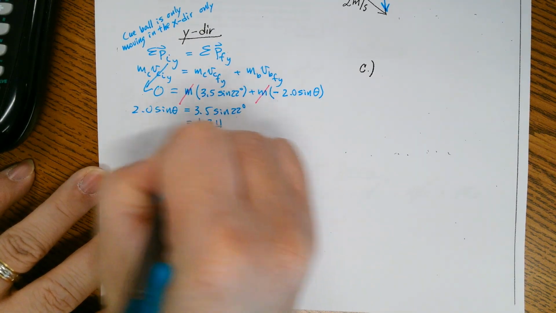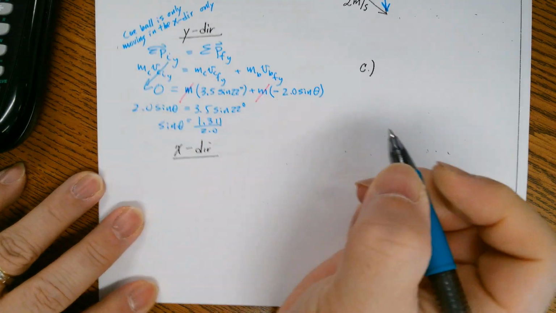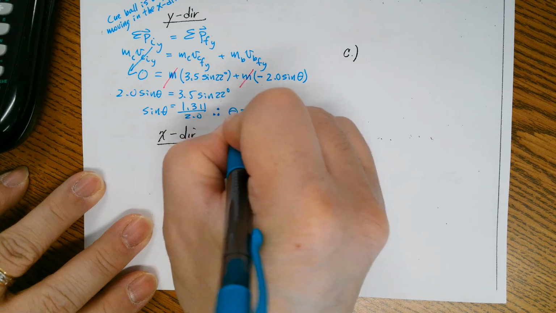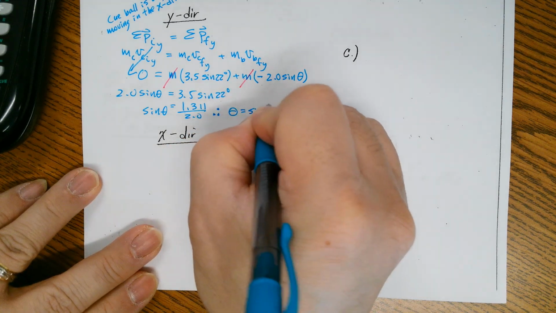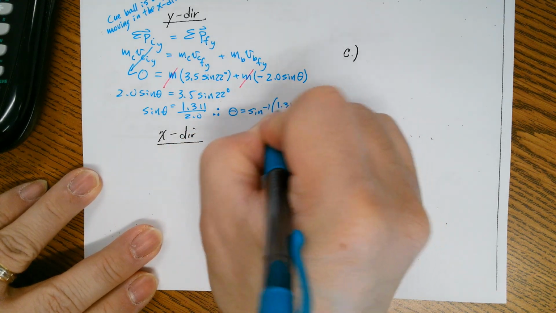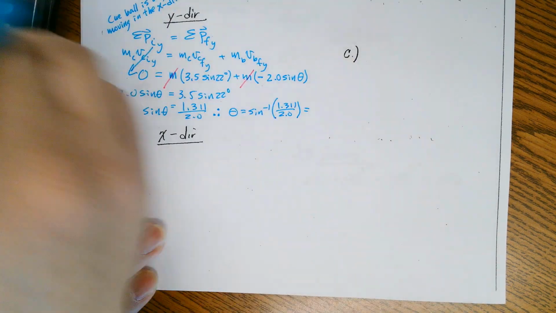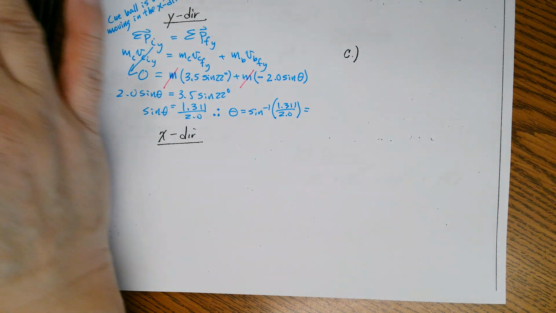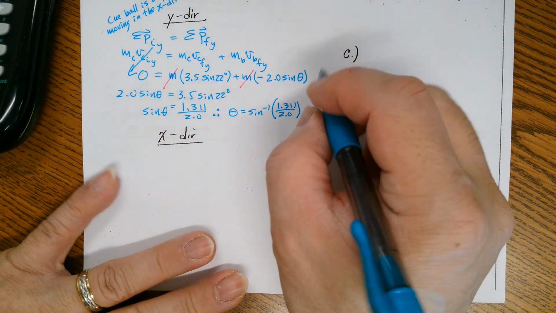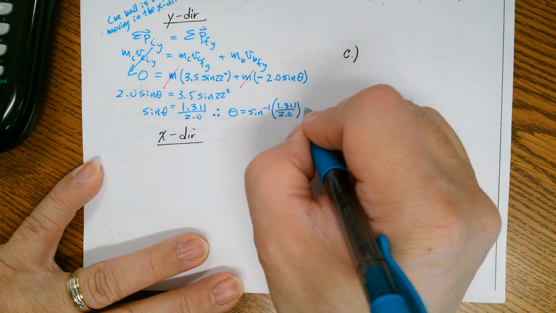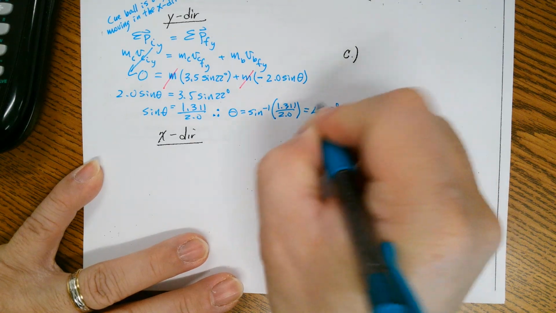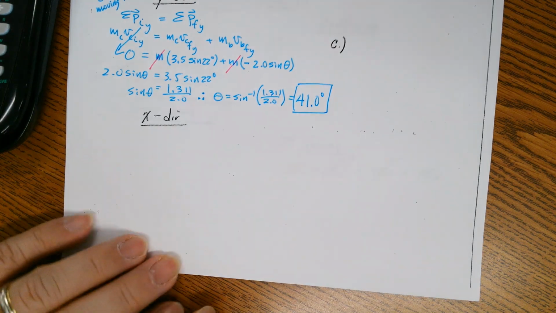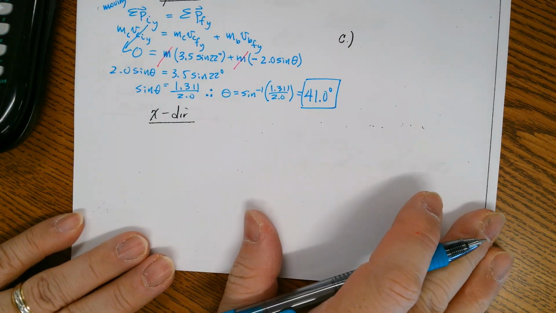Divide that by 2.0 is equal to sine theta. So theta is equal to sine inverse of that, which is equal to 41 degrees. It's like 40.96 degrees or 41 degrees. All right.